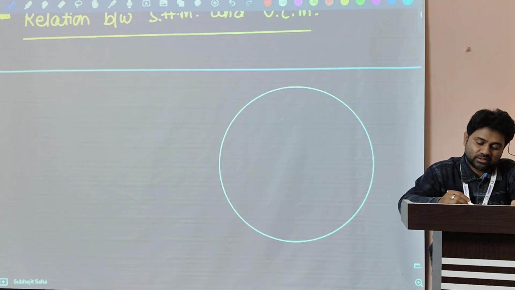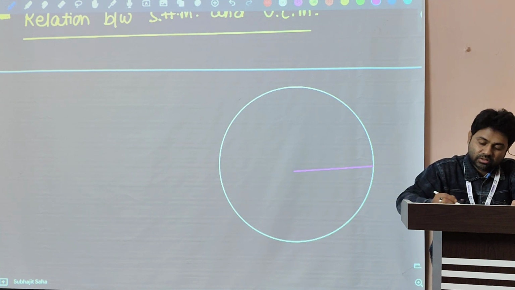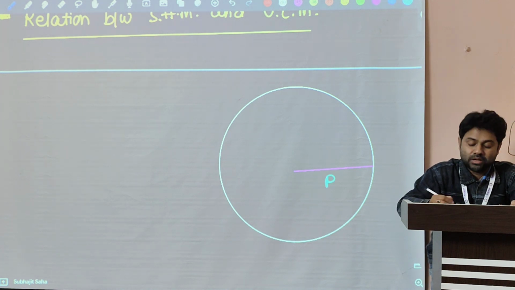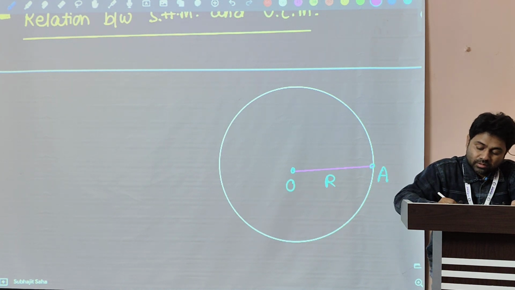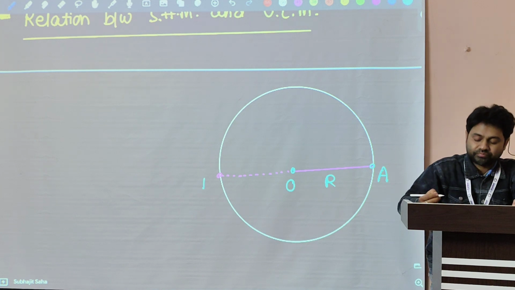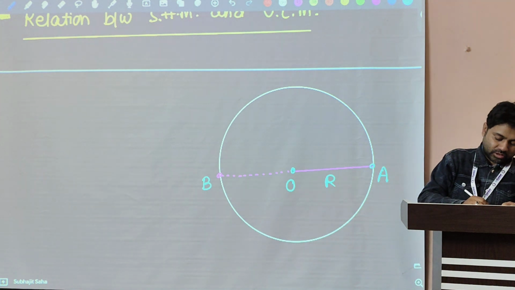Let's say the radius of the circle, this capital R, center of the circle is O, that point on the circle is A, and the diametrically opposite point is B. Here R is the radius of the circle.